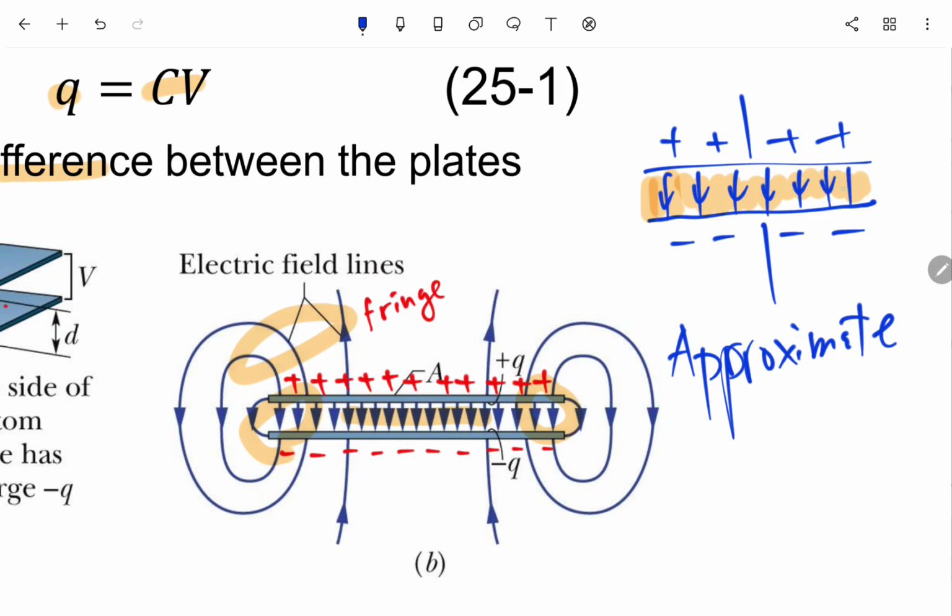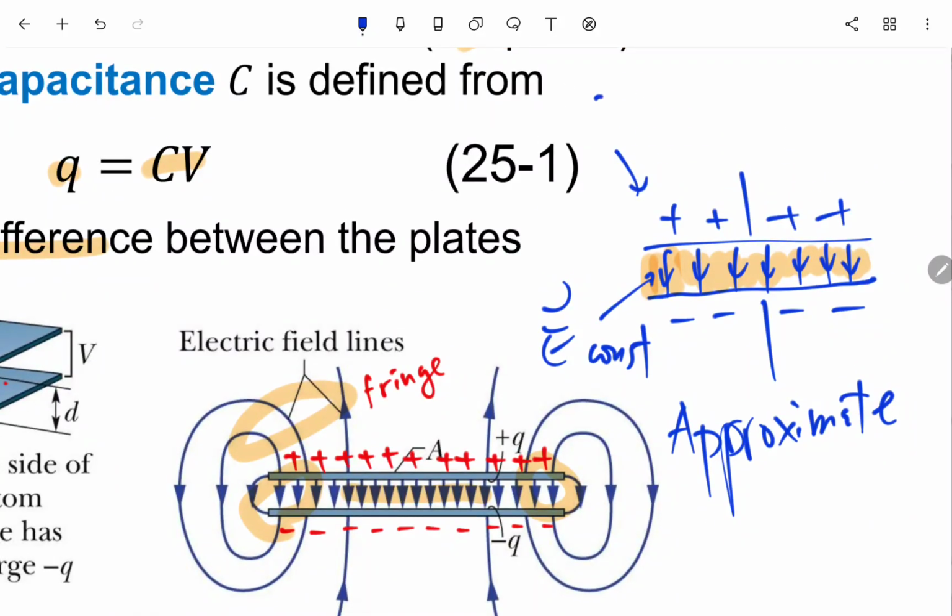Of course, the field goes from the positive side to the negative side. Inside the whole region, we assume the E field is constant, and outside, the E field is 0.